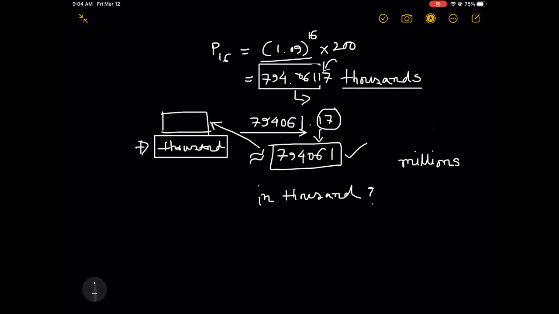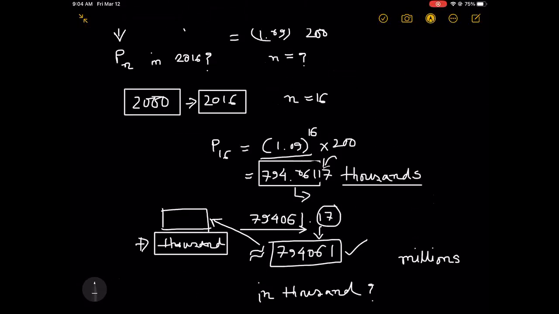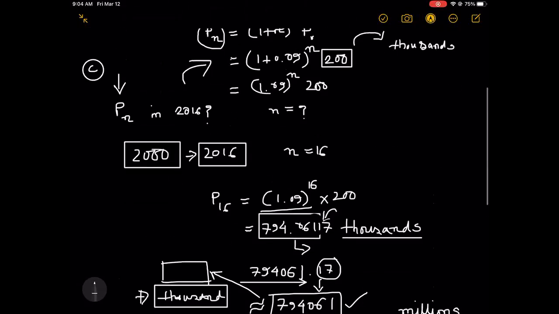Okay, so just be careful about that, because you don't want to get yourself penalized just because you overlooked the unit. So that's C, by the way, and we want to go to D if you don't have any question.